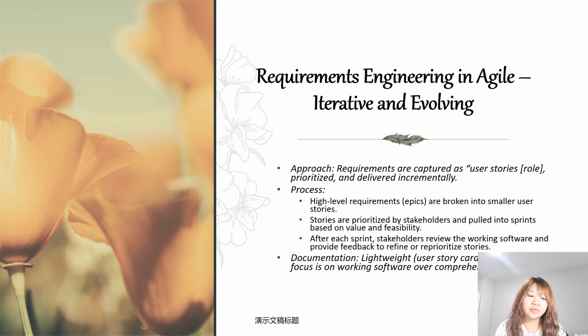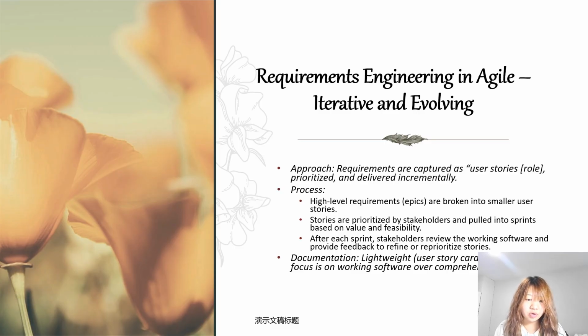Requirements engineering in Agile is iterative and evolving. In Agile, requirements engineering is ongoing, not one and done. We use user stories, simple statements like, as a user, I want to upload photos so I can share them, to capture needs.